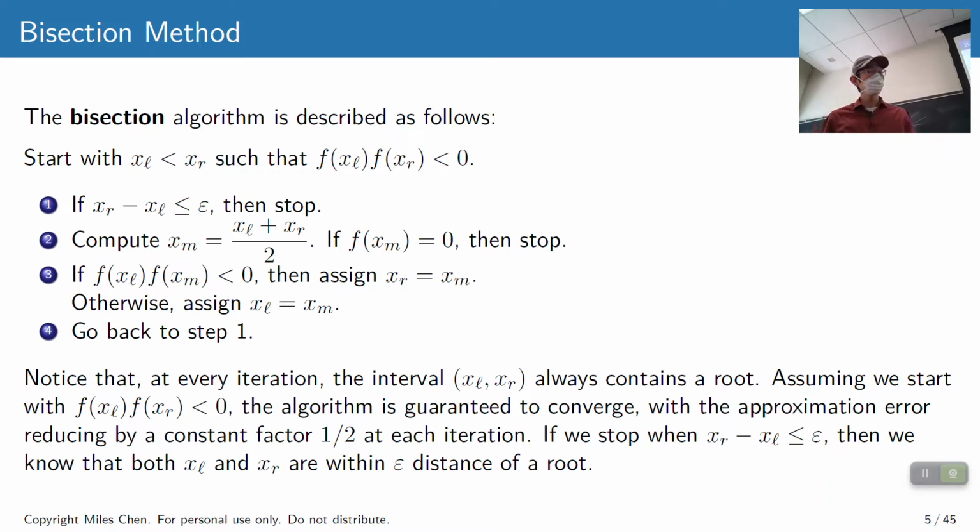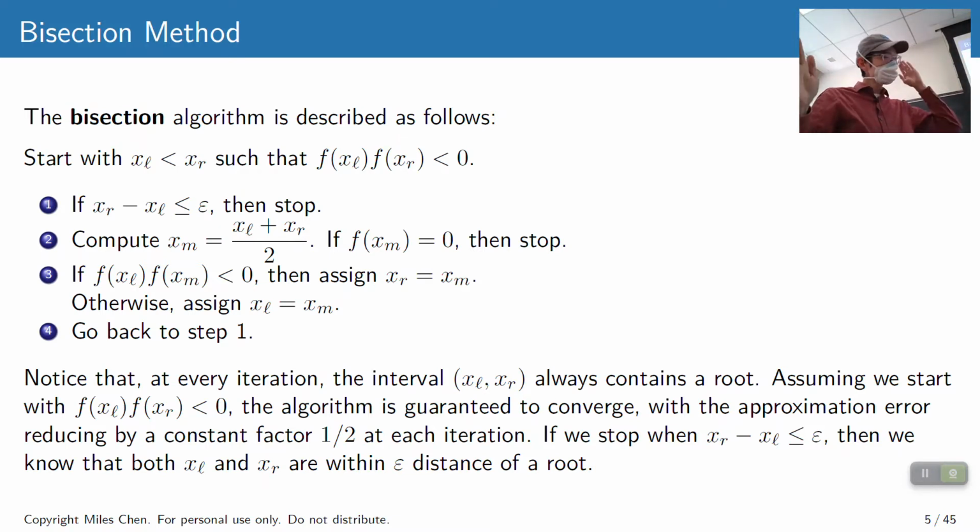We're going to start where you have x on the left, so x on the left has to be less than x on the right, and f of x on the left and f of x on the right have to have opposite signs. And if the difference between x on the left and x on the right is smaller than some tolerance level, then we'll go ahead and stop. And so that tolerance might be like 10 to the -7, 10 to the -8. So if x on the left and x on the right are close enough together, like they're separated by 10 to the -8, we'll just go ahead and stop.